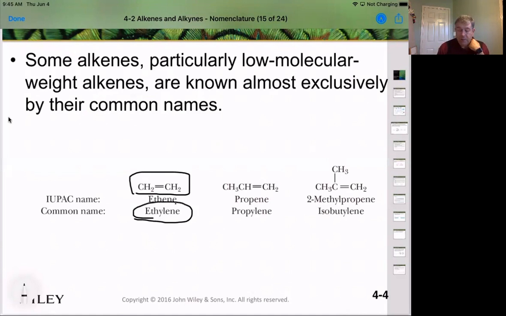So it's the ethyl group with an ene in it, and that's pretty common in the engineering names for these chemical compounds.